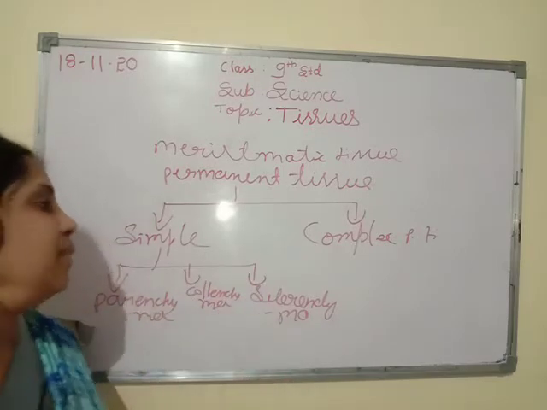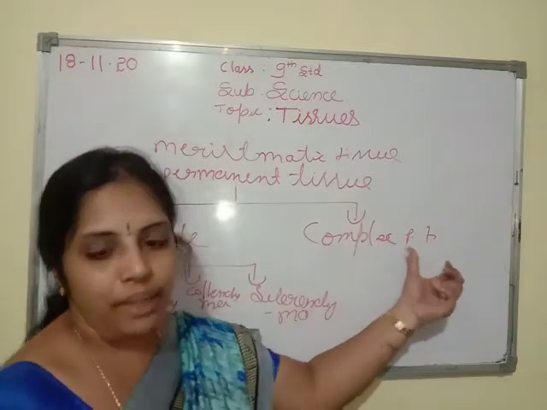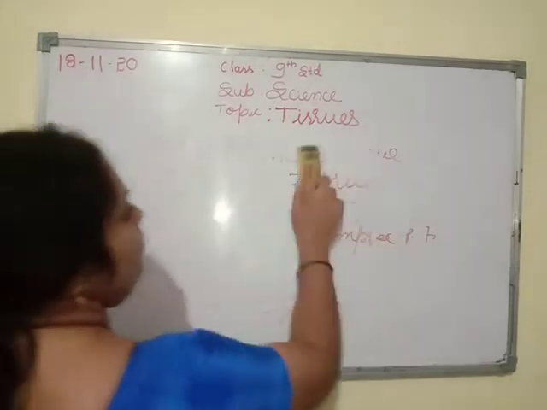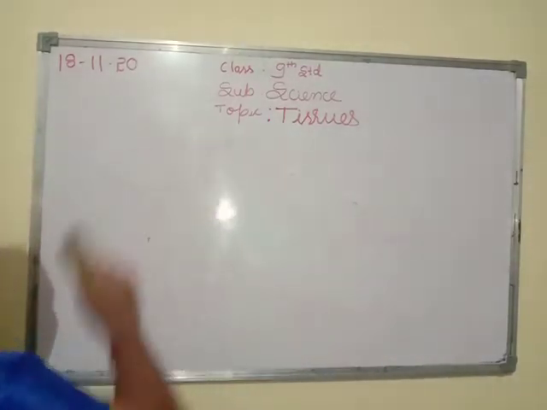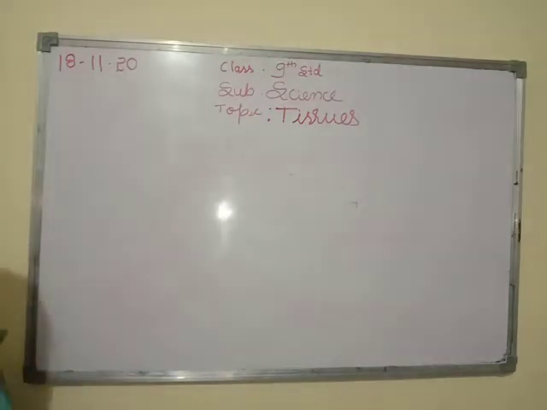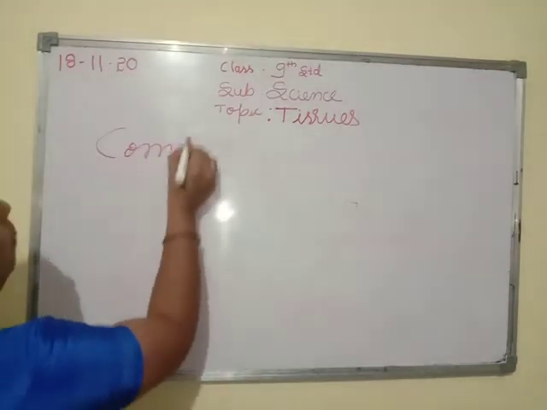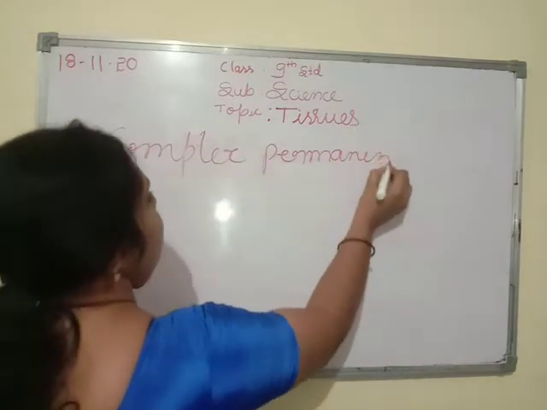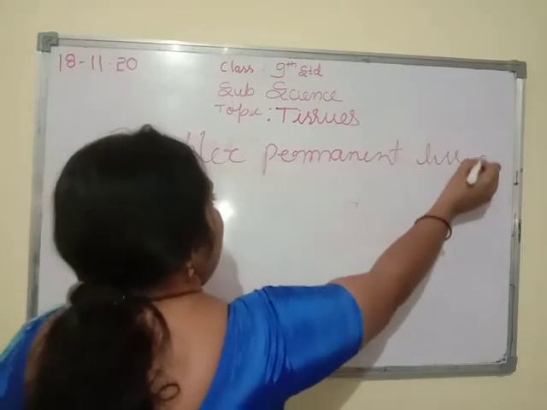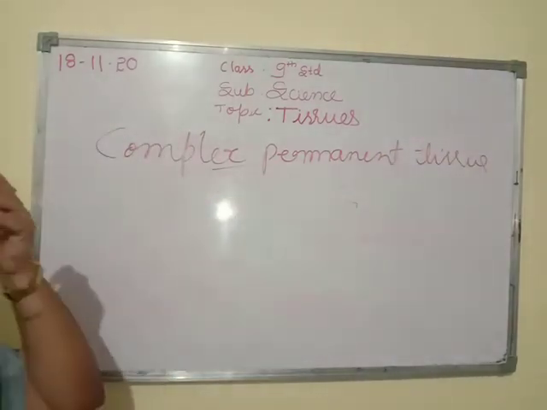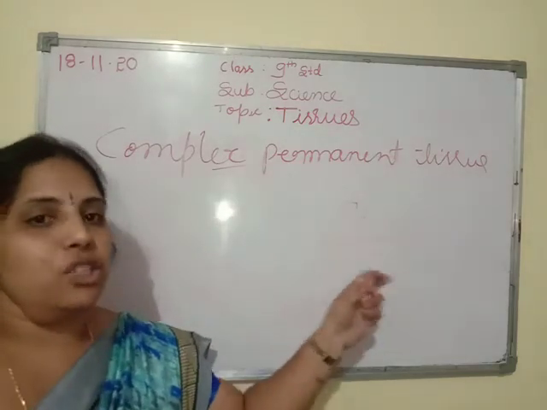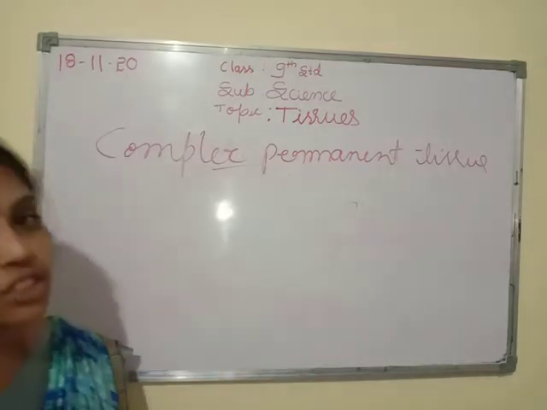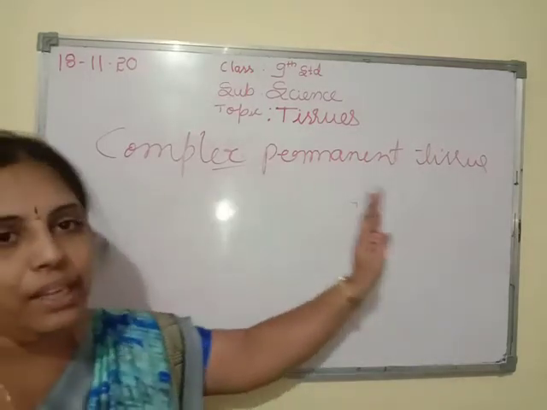Okay, so let us continue the lesson with complex permanent tissue. Dear students, complex permanent tissue is nothing but many tissues that together form a complex structure, so it is known as complex permanent tissue.